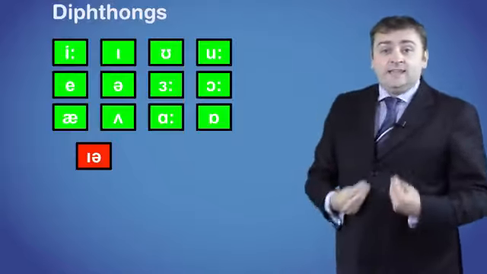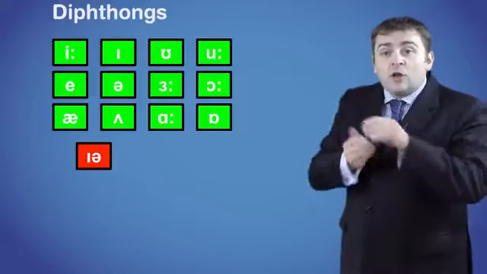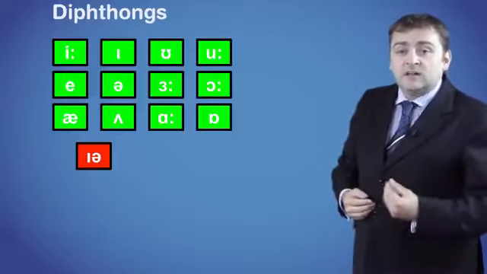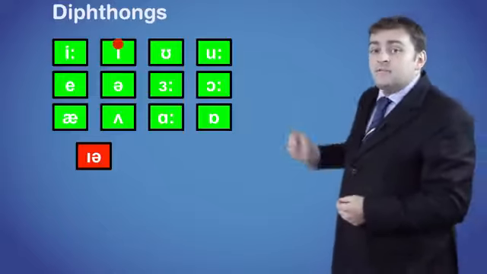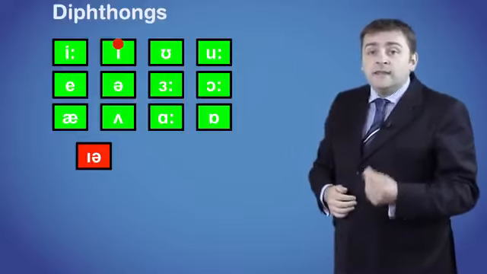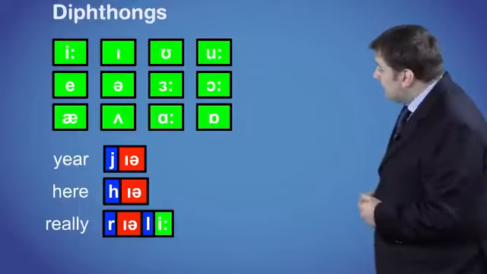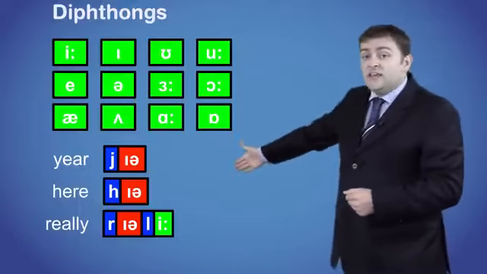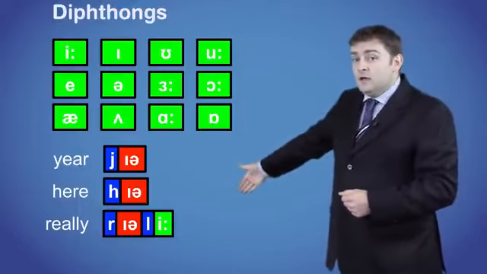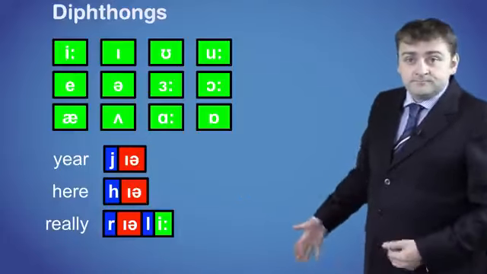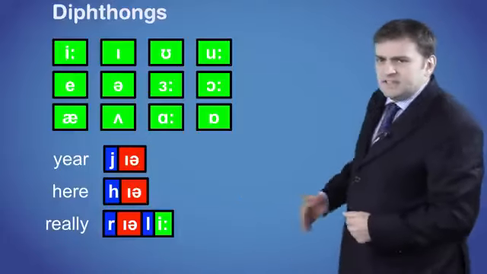So as you say ear, your mouth should open a little bit, starting on the I and finishing on the schwa. As in the words year, here, and really. Let's look at the next one.